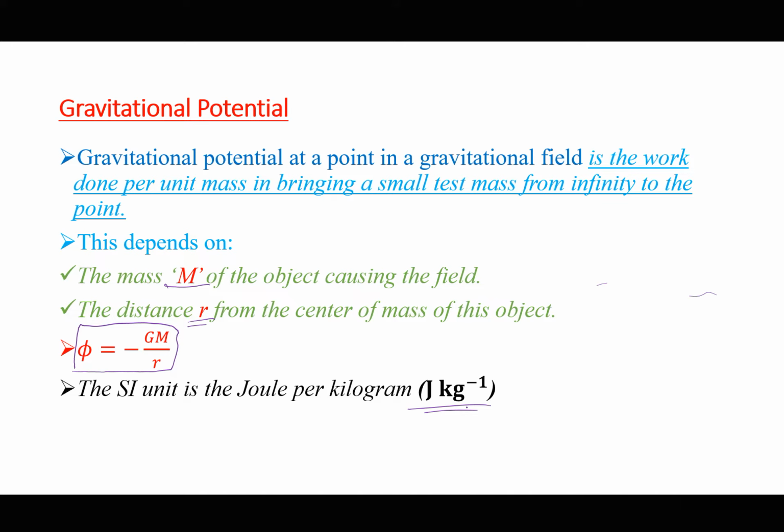You bring a unit test mass from infinity to a point in the gravitational field. Since this is potential, which is energy, I've also mentioned that gravitational potential is a scalar quantity.